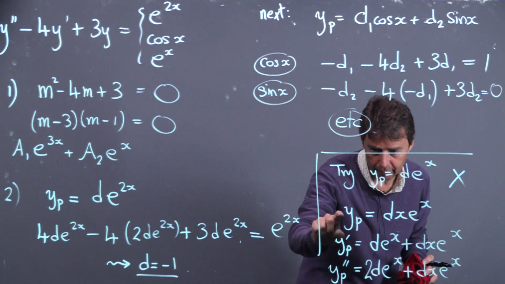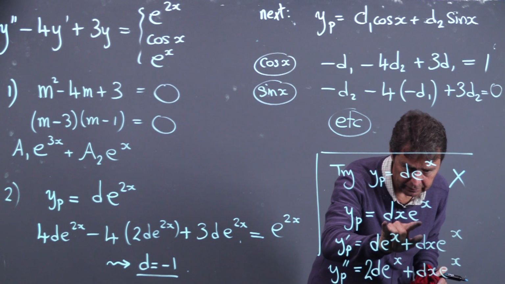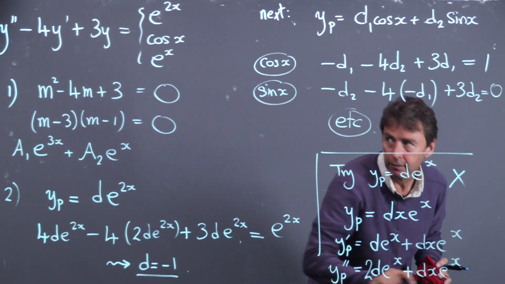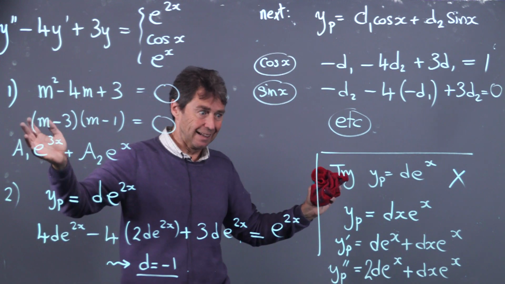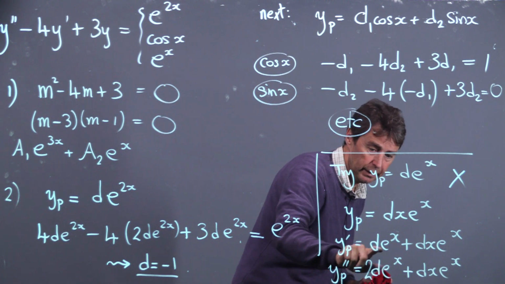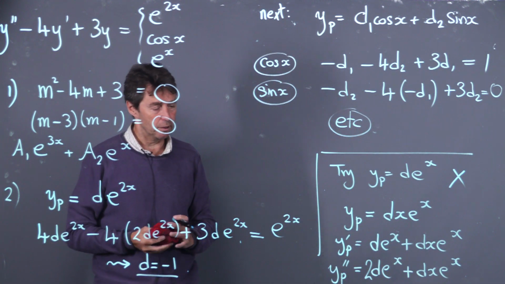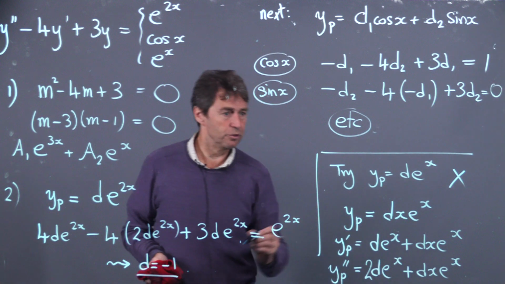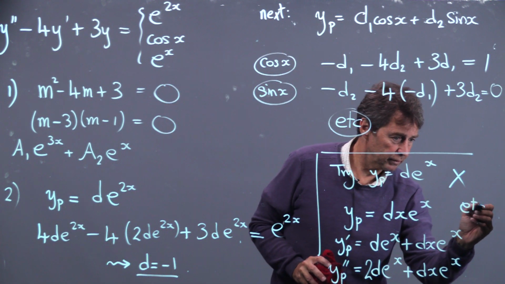You'll see that yp, yp prime, and yp double prime, they all have 1 d x e to the x. So there's one of them, minus 4 of them, plus 3 of them. They all cancel. So these ones are all going to cancel, and what's left over are some e to the x terms, which happily enough give you the right-hand side once you choose d to be something. But that's algebra, so let's leave it as etc.